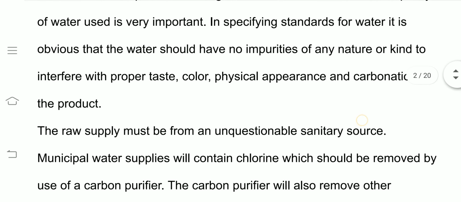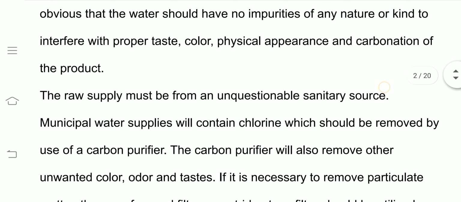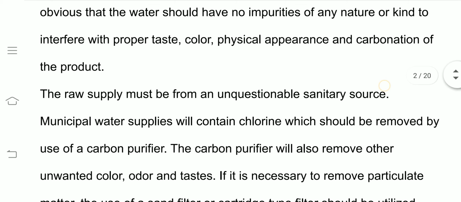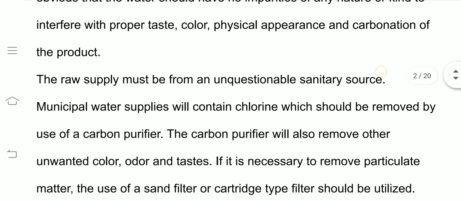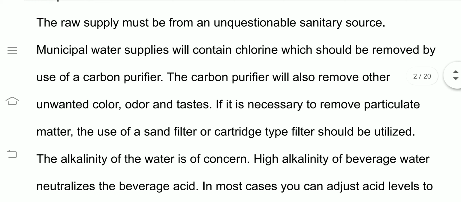It is obvious that the water should have no impurities of any nature or kind to interfere with proper taste, color, physical appearance and carbonation of the product. So, the raw supply must be from an unquestionable sanitary source.